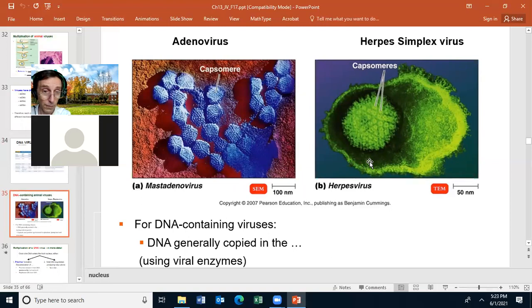And this will usually use viral enzymes, although everything an animal cell needs for replicating DNA is already in the nucleus. So, as a rule of thumb, DNA animal viruses replicate in the nucleus. Any question about that?